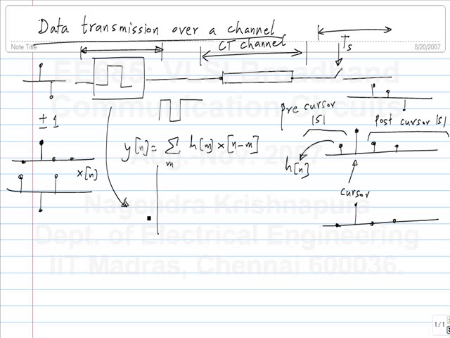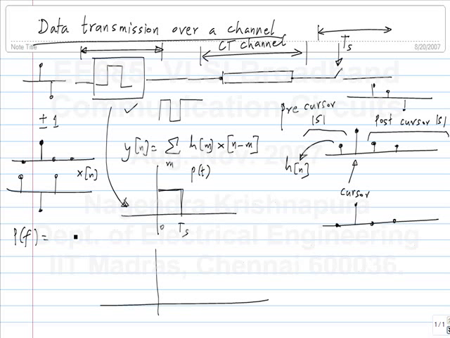In this case, let's assume this is the response to a single pulse. Basically this is the impulse response of this part. It is taking you from discrete time to continuous time, but that doesn't matter. What is the frequency response of this? If you think of this as a continuous time impulse response, it's the area times sinc of the height times d s, or the width times d s.